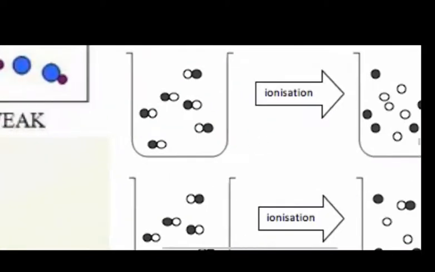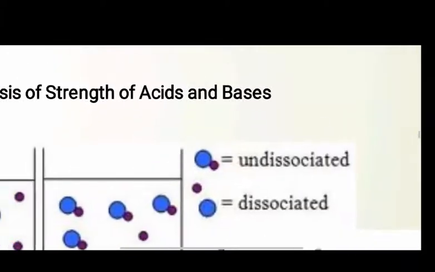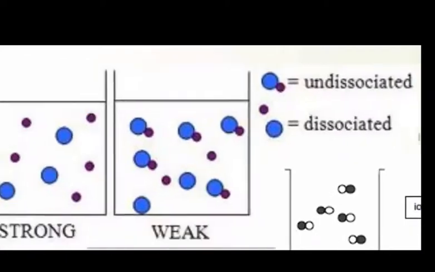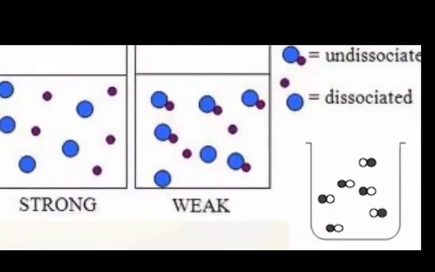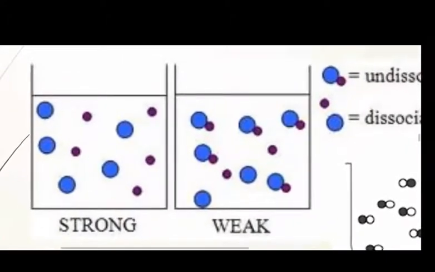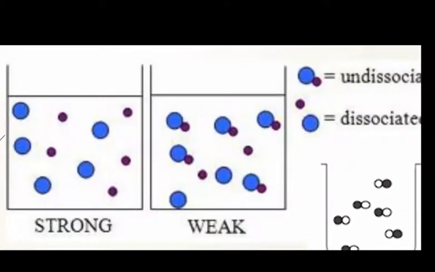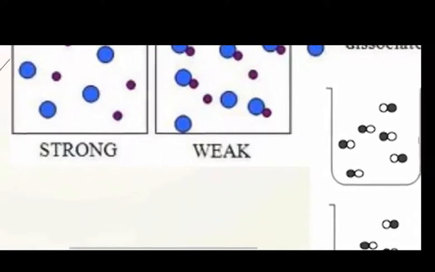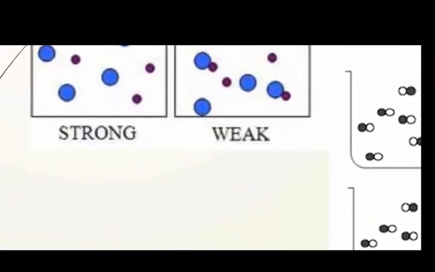But in the case of a weak acid, you may be seeing the strong acids. Okay, in the case of weak acid, undissociated particles are more. Are you seeing? But in the case of strong acid, there are dissociated particles, maximum dissociated particles. Understood all of you? Then there will be a high concentration of H plus ions also. What do you mean by weak acids?